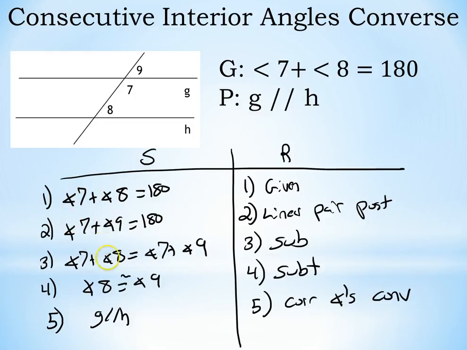So angle 7 plus angle 8 would have to equal angle 7 plus angle 9. That's our substitution property. We notice they both have angle 7s in them, so they're going to subtract out, leaving just angle 8 congruent to angle 9, again our subtraction property. I now have my corresponding angles congruent. Therefore, G and H are parallel because of our corresponding angles converse. And there's our abbreviation for converse.